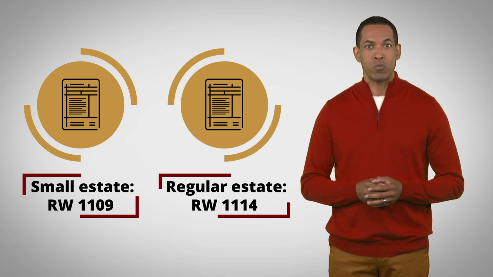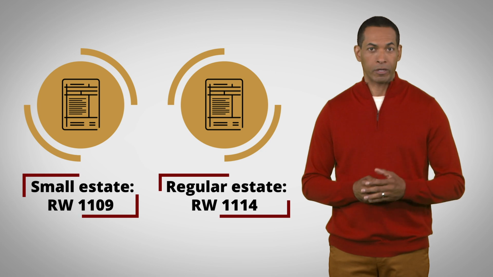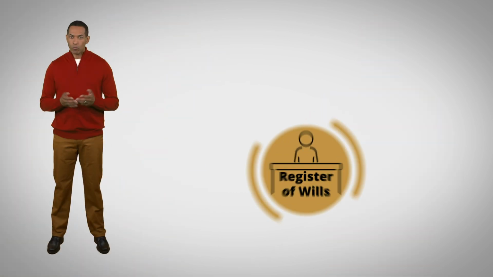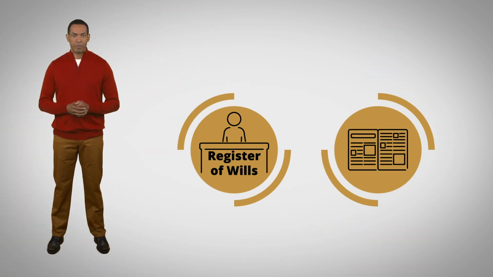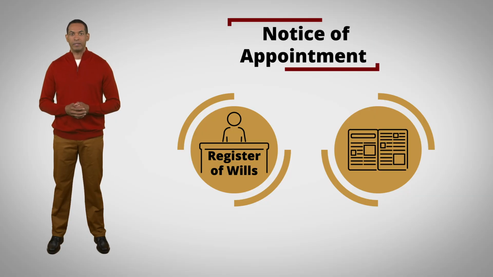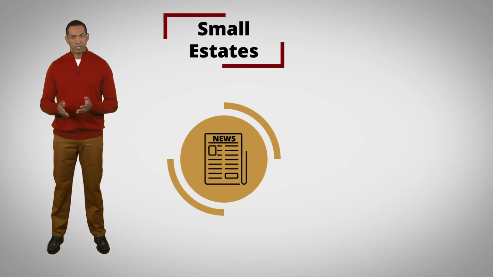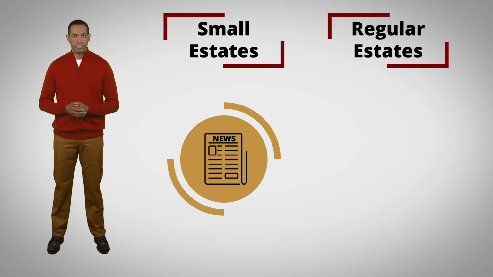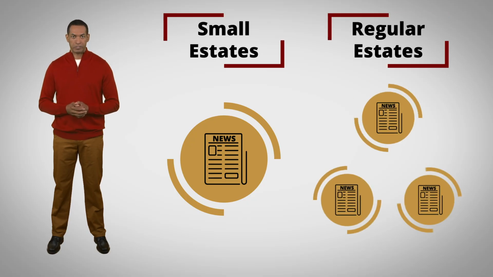You will also need a notice of appointment. For the notice, use Form RW1109 for small estates, or Form RW1114 for regular estates. The Register of Wills will contact a newspaper to publish the notice of appointment. It will be published once for small estates and, for regular estates, once a week for 3 weeks.